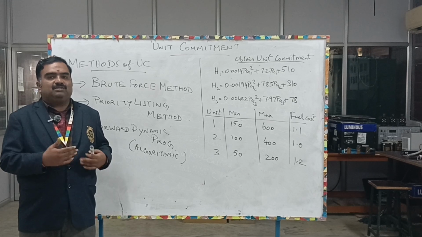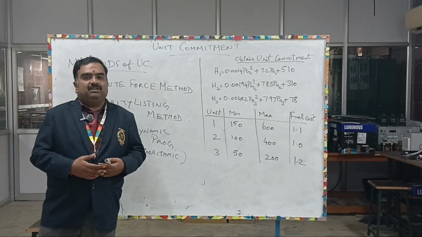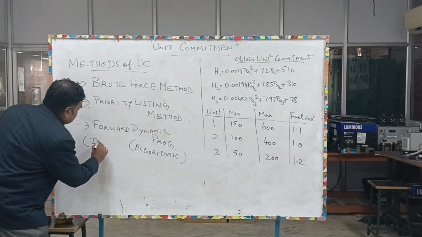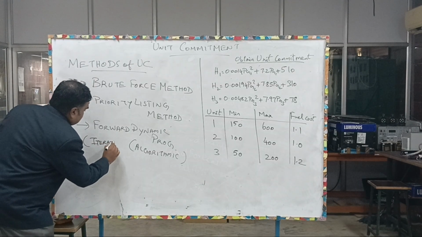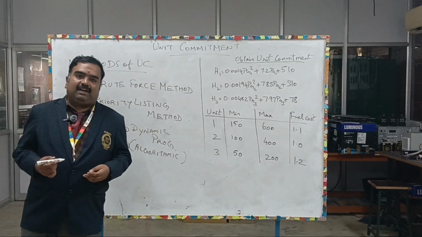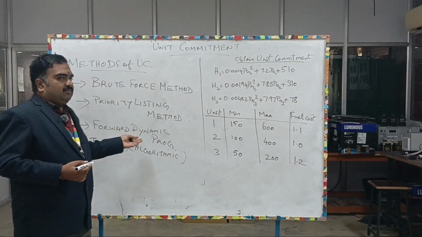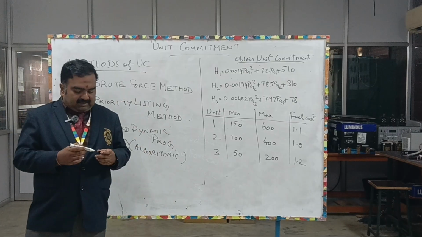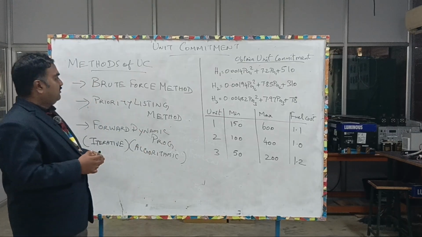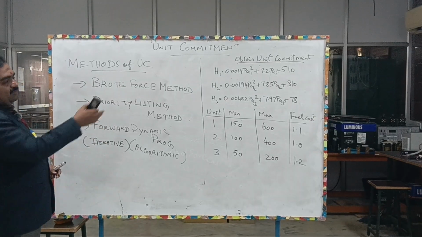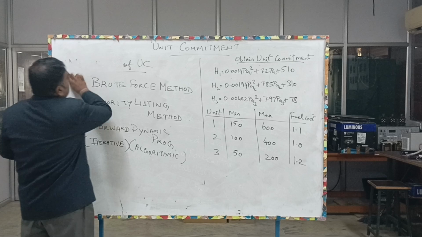So, it follows an algorithmic iterative approach, and you can also call it an iterative approach. Based on that dynamic programming algorithm, it finds the n lowest cost strategies. So, these are the three basic methods of unit commitment, out of which we are going to see the priority listing method with the help of this problem.